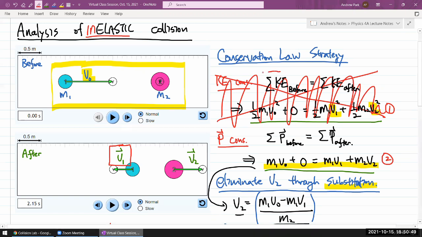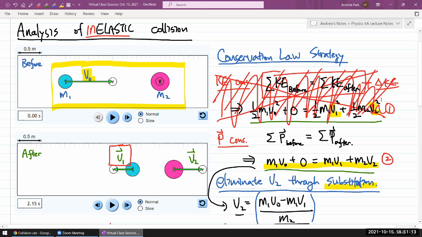Then in that case, you might set up a modified version of this. You would say, oh, there's some difference that you need to account for. Maybe that. But the moment someone says inelastic, before any additional information is given, you have to get rid of your conservation of kinetic energy expression. That's one of the constraints that goes away.